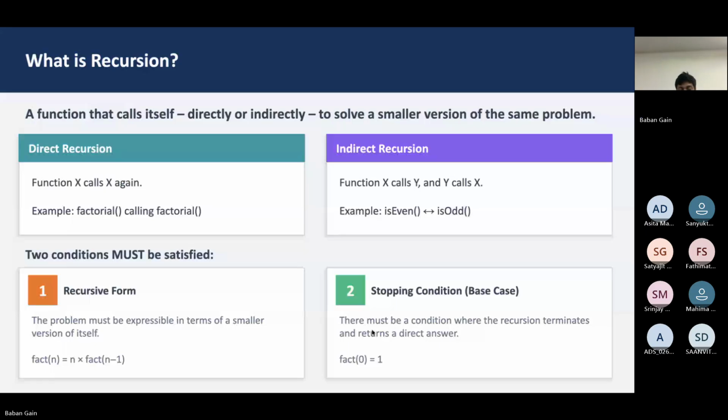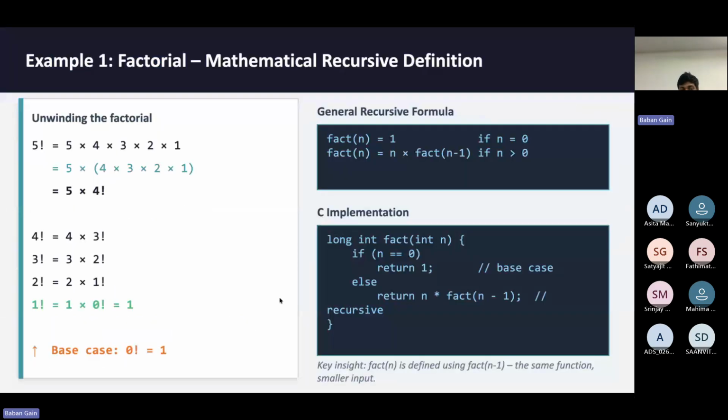Taking the simple example of factorial, the condition is n equal to 0. Initially I'm starting at 5. I'm saying 5 into factorial of 4. Then instead of factorial 4, I'm saying 4 into factorial of 3. Instead of factorial 3, I'm saying 3 into factorial of 2, like that. But when I reach n equal to 0, I'm saying no more factorial.